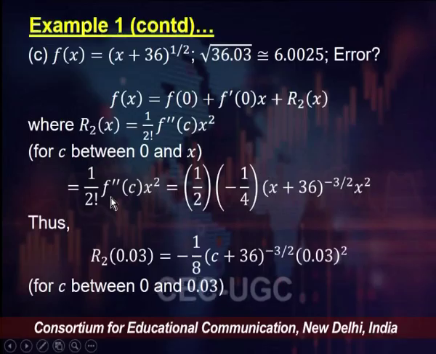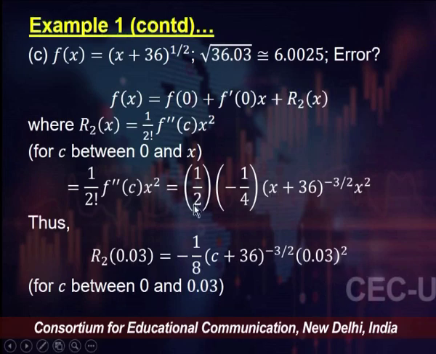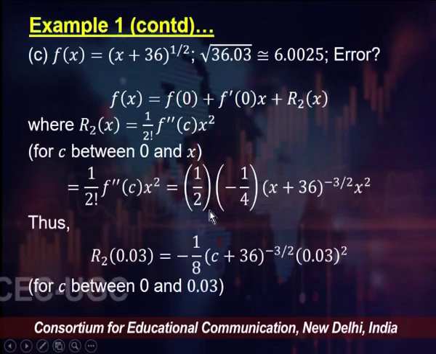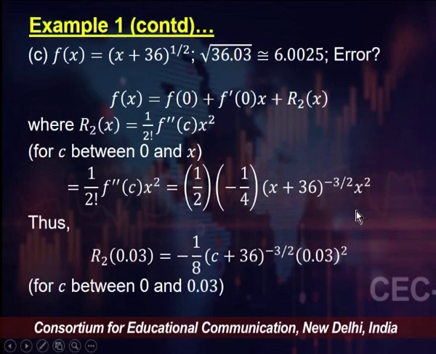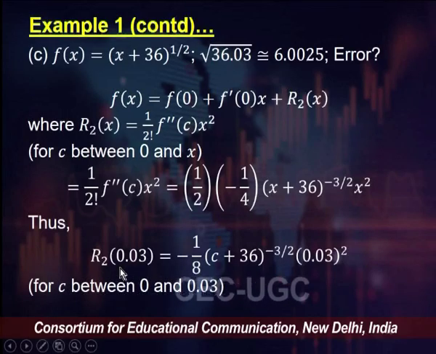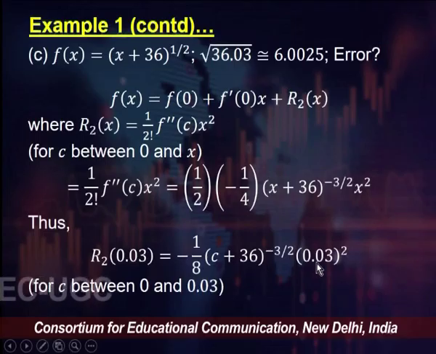So, the remainder term is 1 by 2 f double prime at c times x squared, and if you substitute for that, you are going to get 1 by 2 times minus 1 by 4, c plus 36 to the power minus 3 by 2 times x squared. So, this then gives us, if I evaluate the error term at 0.03, R2 of 0.03, I am going to get minus 1 by 8 c plus 36 to the power minus 3 by 2 times 0.03 the whole squared.